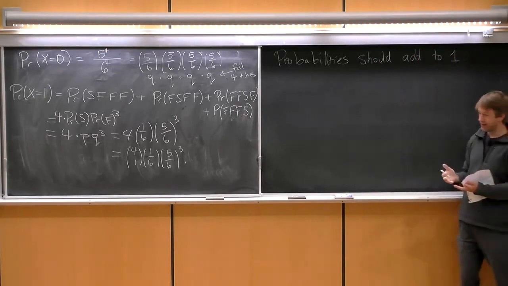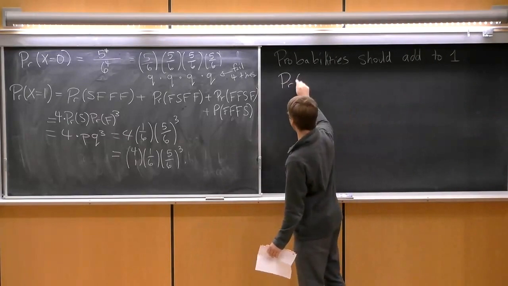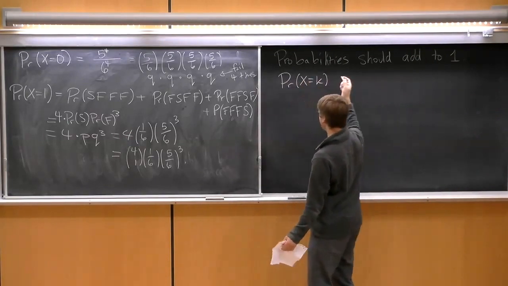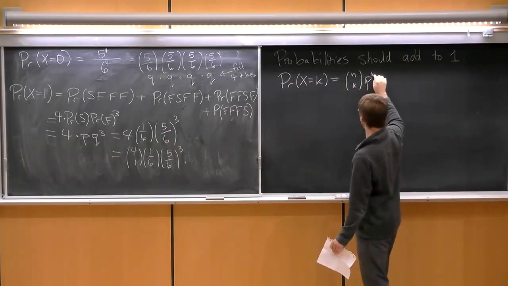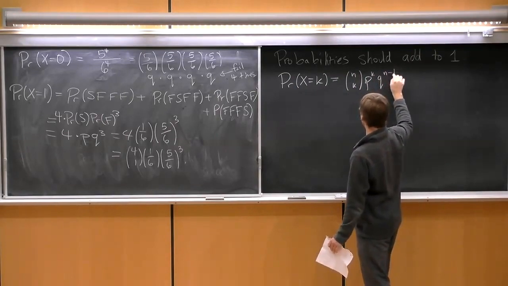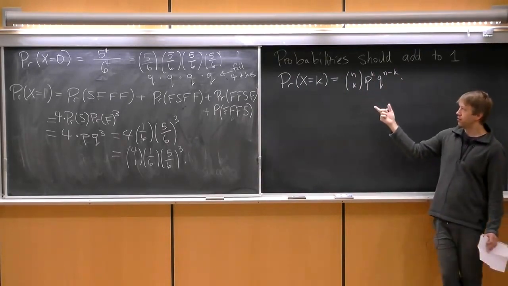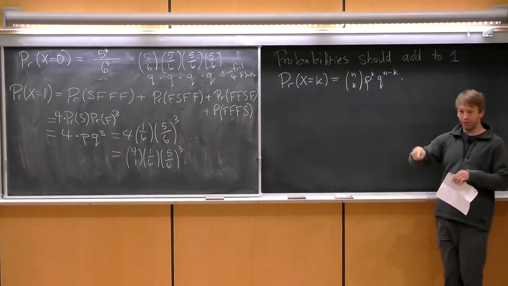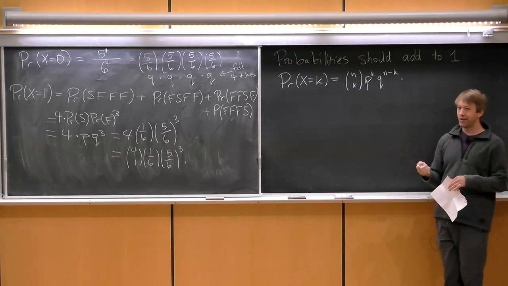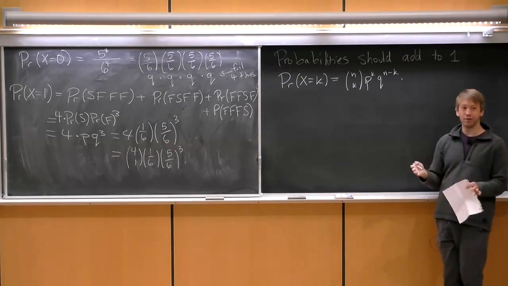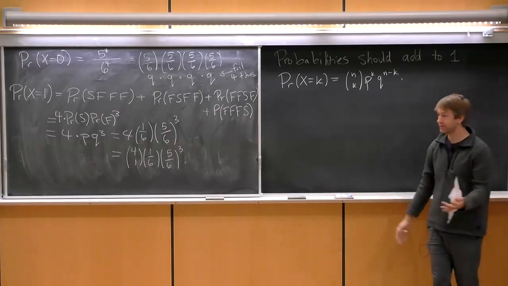One thing that might seem a bit concerning is this weird formula that the probability that x is equal to k is n choose k, p to the k, q to the n minus k. If I add this up over all the possible values of k, it should give me 1. If it doesn't give me 1, there's something wrong with the universe, right?